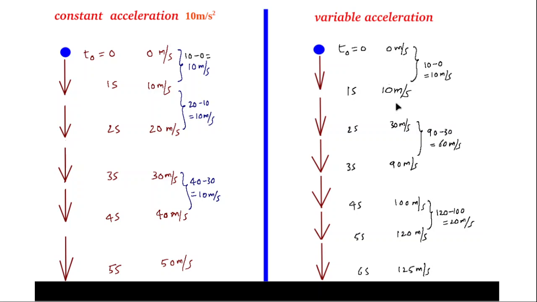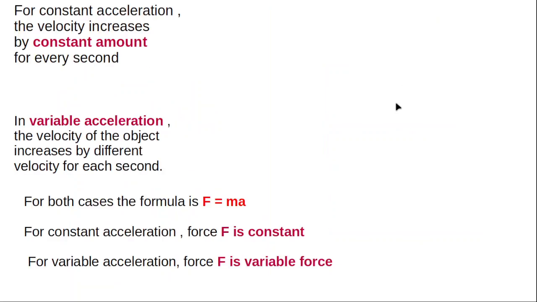That is the case of variable acceleration. For constant acceleration, the velocity increases by a constant amount every second. For variable acceleration, the velocity of the object increases by different amounts each second. Okay, that is the difference between constant acceleration and variable acceleration.